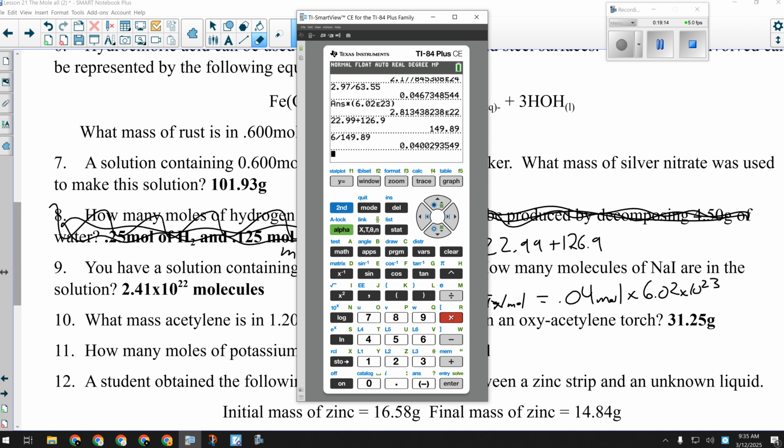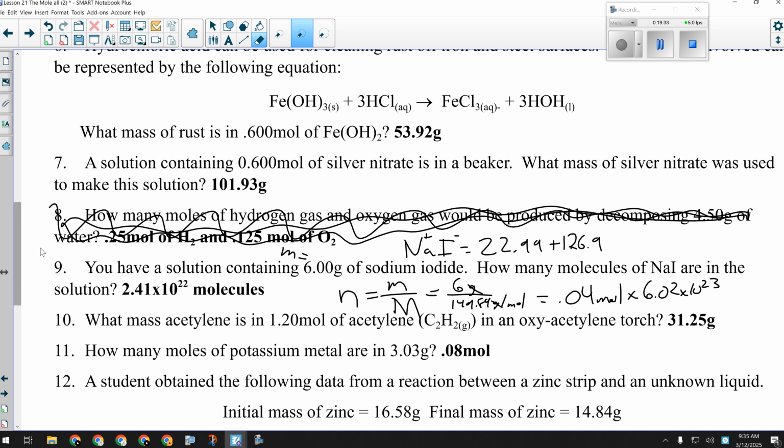That gets us 2.41 times 10 to the 22 molecules. Everybody all right with that one? Any other ones? Okay, keep going then.